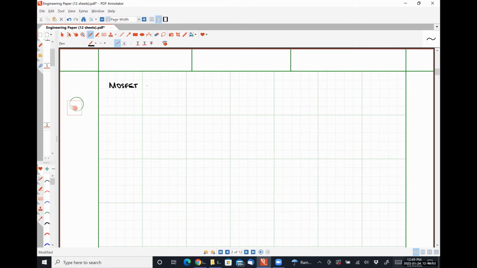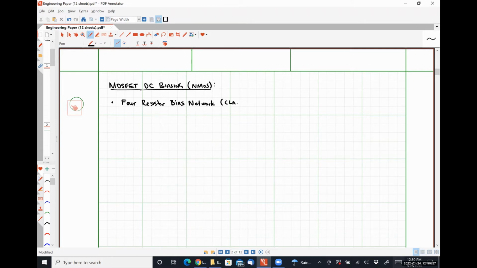MOSFET DC biasing, NMOS in particular. We're only going to have two circuits that we need to analyze. The first one that we're going to analyze is called the 4 resistor bias network.